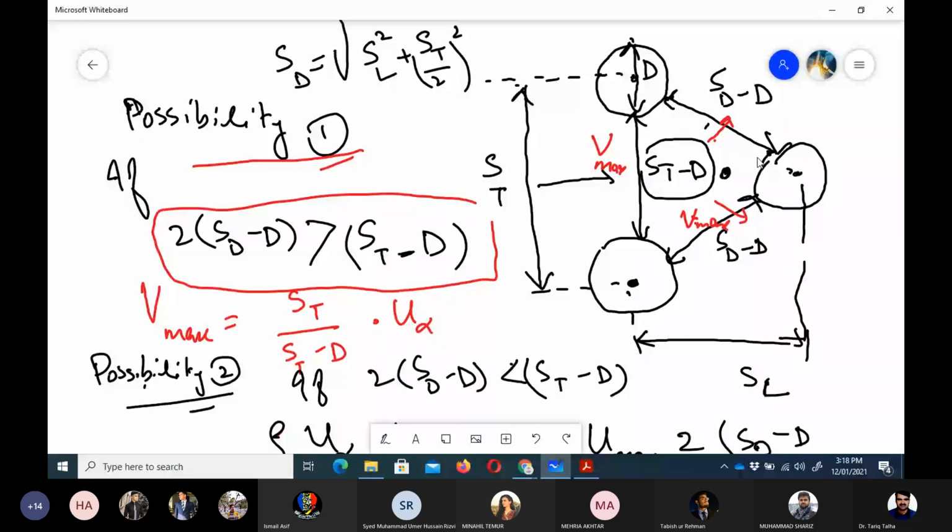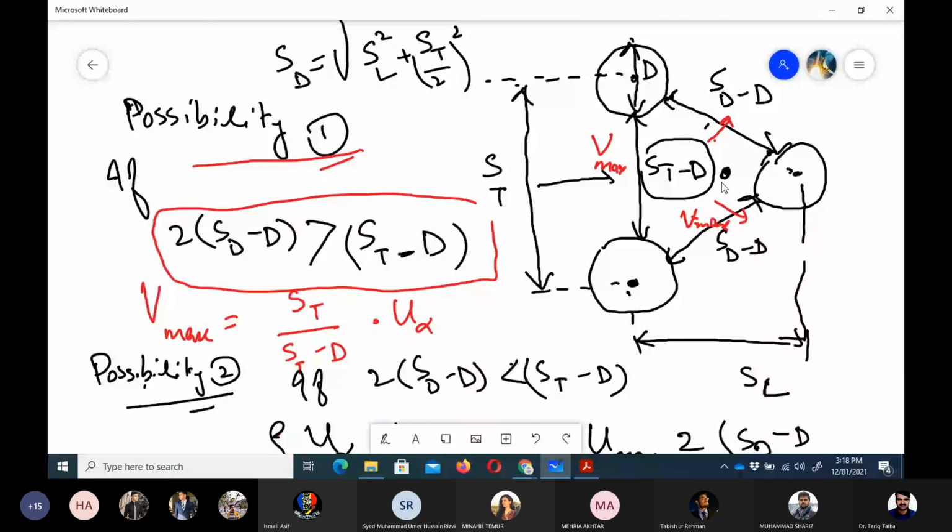But if we have an arrangement when we have got this very close, then what will happen? If it is very close, it means that SL is very small and ST is very big. Then in the transverse direction they are quite apart, but in the longitudinal direction they are quite close.